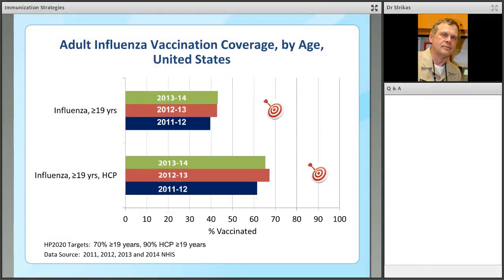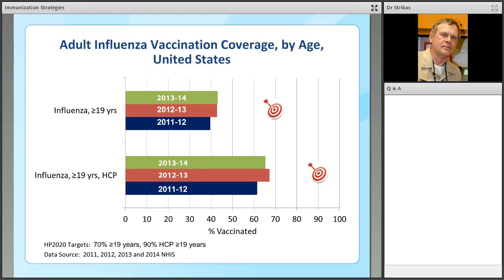Influenza vaccination coverage among those 19 years of age and older was 39.6% during 2011-12, 42.8% during 2012-13, and 43.2% during the 2013-2014 influenza season. Coverage significantly increased from the 2011-12 season to 2013-14, but coverage during all seasons was well below the Healthy People 2020 target of 70%.